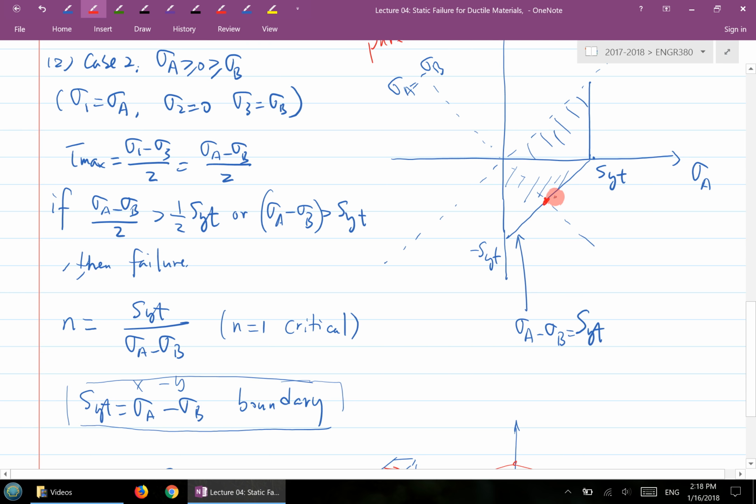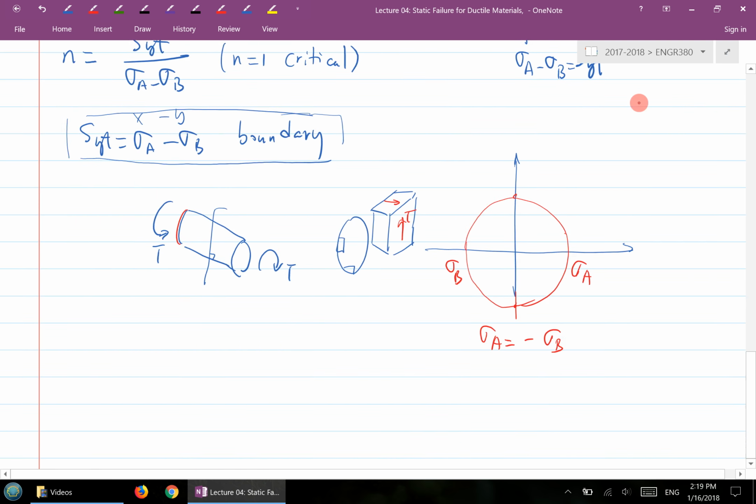So what you can do is, this is the line equation here. I can have a line equation here and another line equation over here, so there are two line equations.